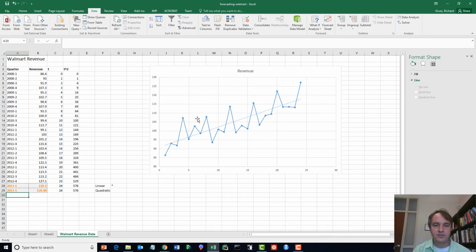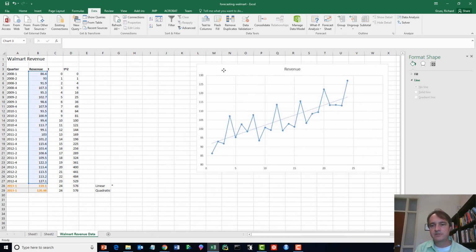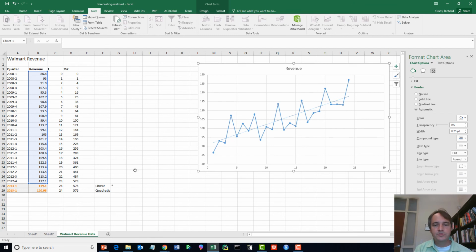Okay, we've got these jumps here that go down substantially from the fourth quarter to the first quarter, and we want to incorporate this knowledge into our regression. So how do we do that? Well, we use dummy variables. Once we've added these dummy variables in, that will tell us how much we have to adjust based on what quarter we're in.